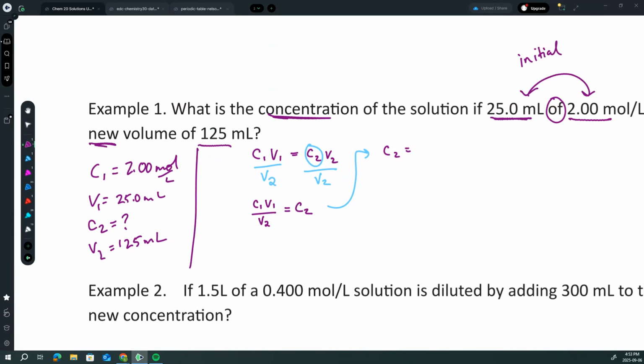And let's plug in our numbers. So C1, that's that 2 moles per liter. V1 is 25 mL. And then we have V2, which is 125 milliliters.